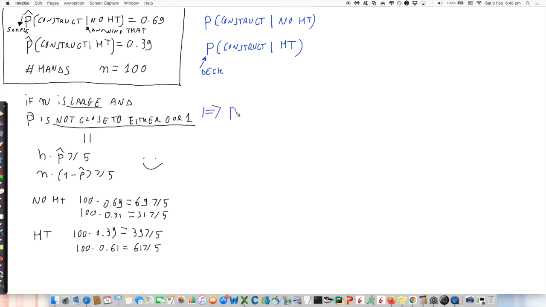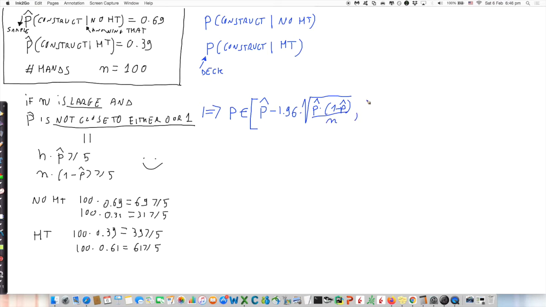It's saying that the real probability we are looking at is in a range, okay, and the range is p minus 1.96 times square root of p times 1 minus p over n.